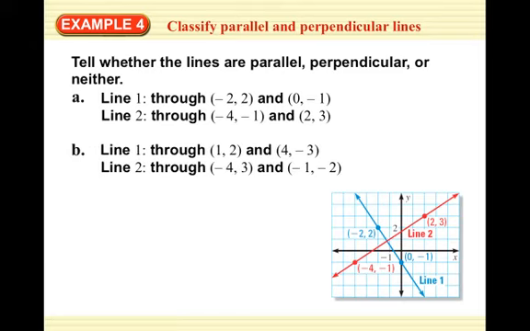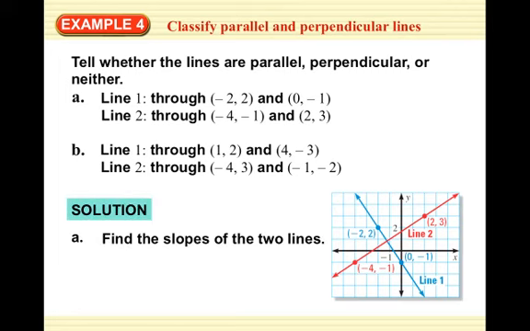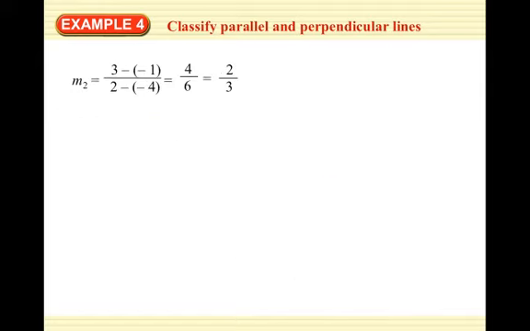And then for B, we've got another pair of lines. Okay, so we're going to find the slope of the two lines. For the first line, for M1, we have negative 1 minus 2 over 0 minus negative 2. So that gives us negative 3/2. For line 2, we've got a slope of 3 minus negative 1 over 2 minus negative 4.